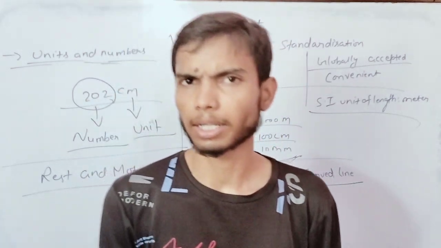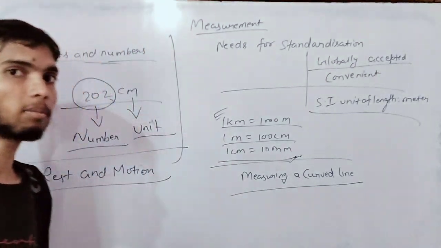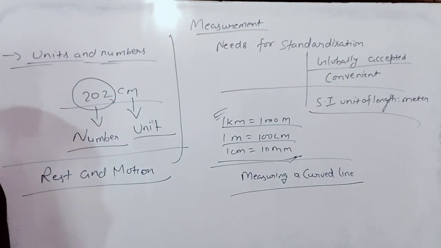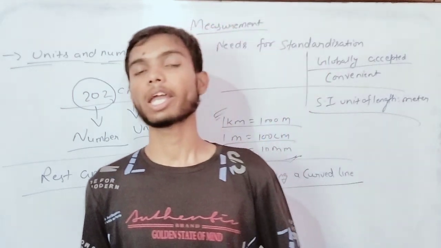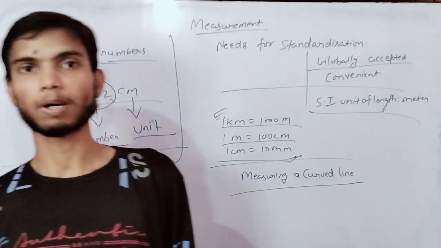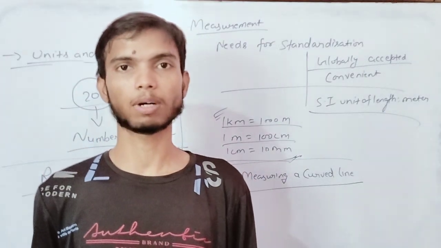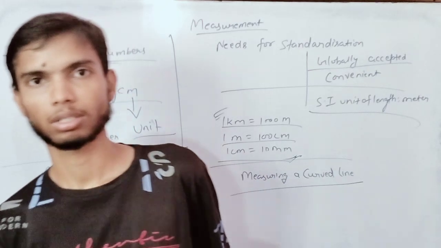If an object is in rest and time is passing, we say that yes, that object is in rest. If an object is in motion and time is also passing, then we would say the object is in motion.